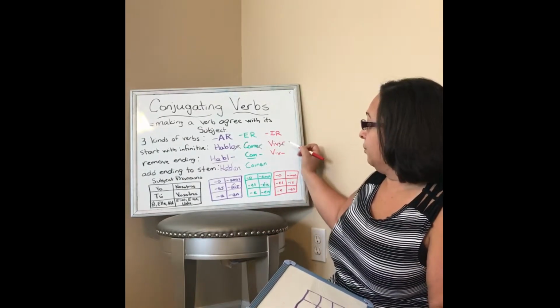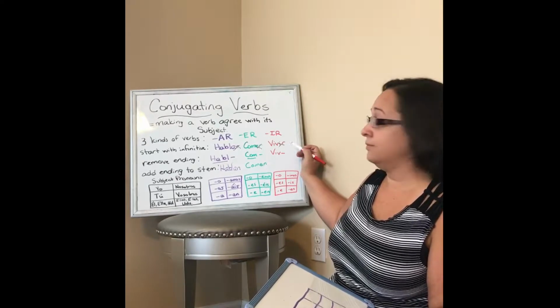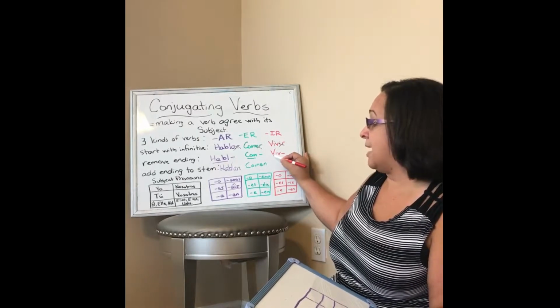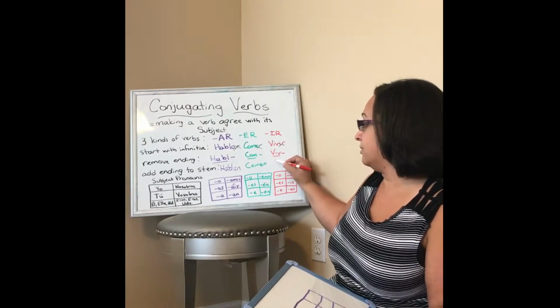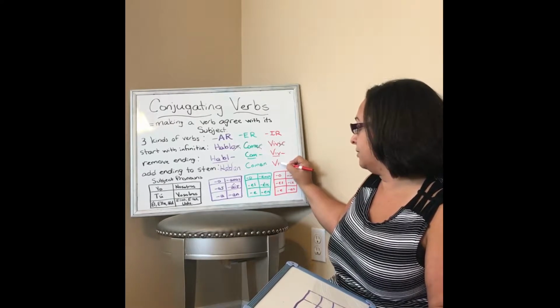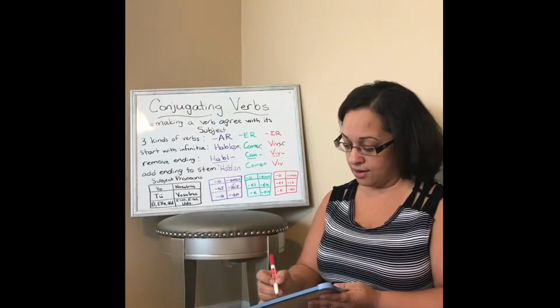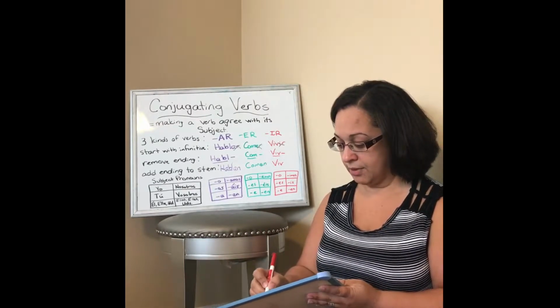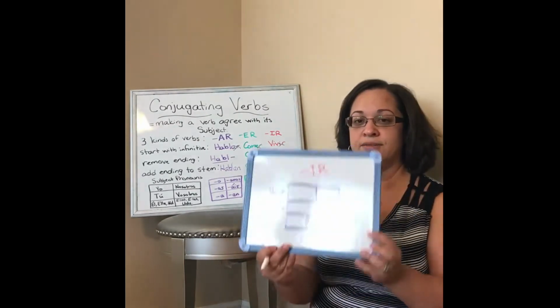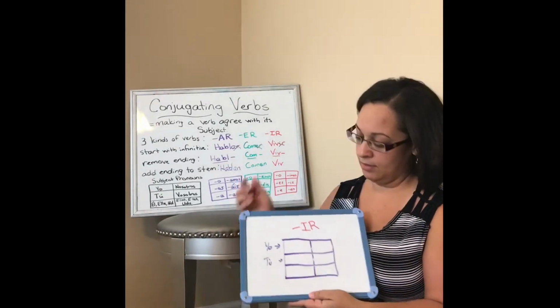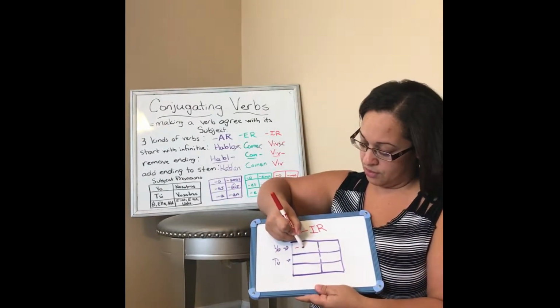So we're going to drop the IR ending, and we're left with our stem of viv. I'm going to write that right here. Now, the endings for the IR, I'm writing IR at the top of my chart so you're able to see it. For the yo form, it's o.